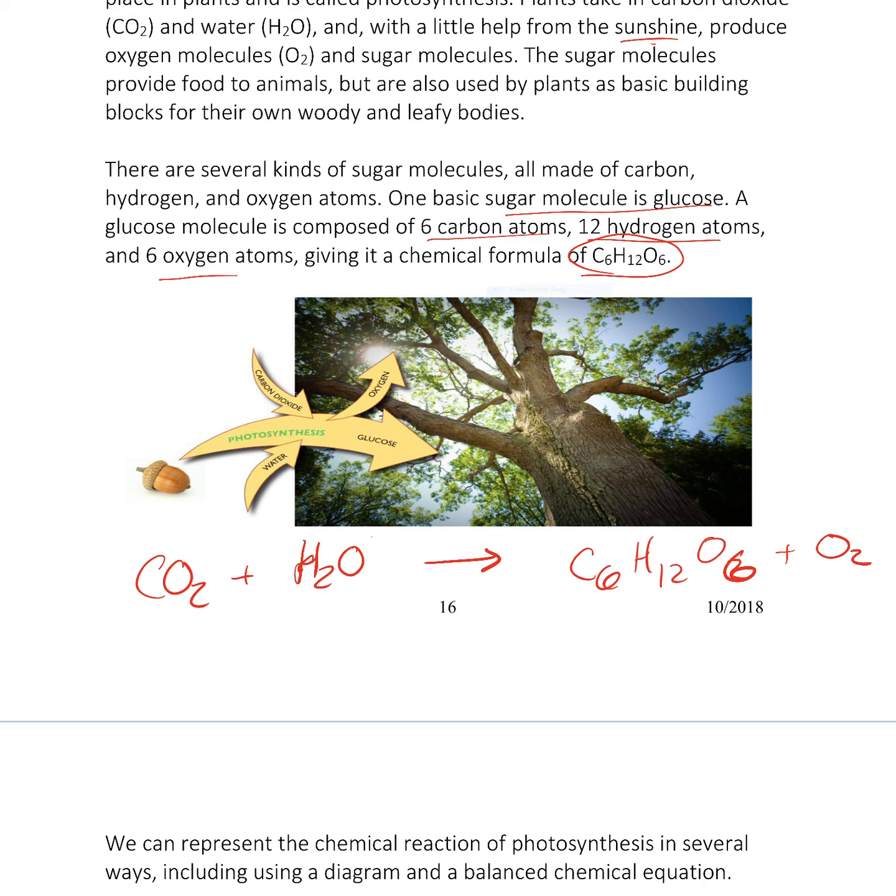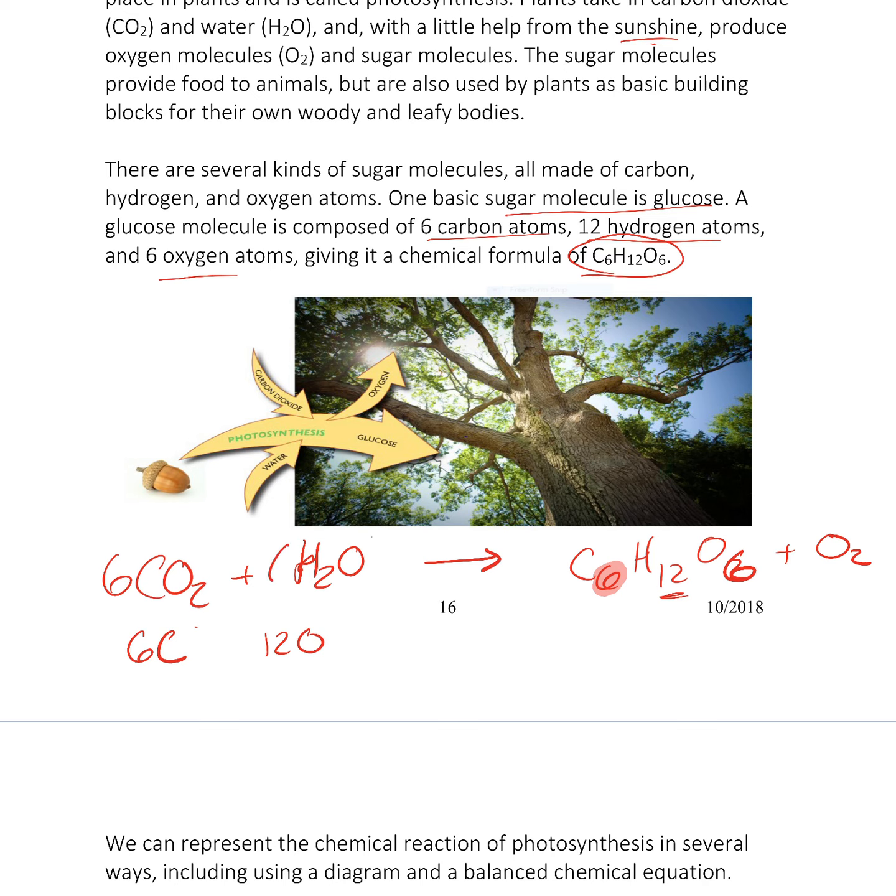So if these CO2s must be equivalent to the amount of sugar, well, there are 6 carbons in the sugar over here, so we're probably going to need 6 of those CO2s. This gives us 6 carbons on this side, and now 12 oxygens, but we're a little short on hydrogen because we do see that there are 12 hydrogens over here.